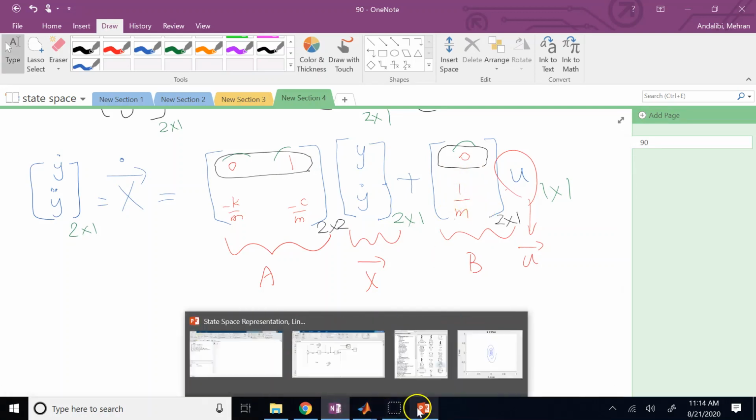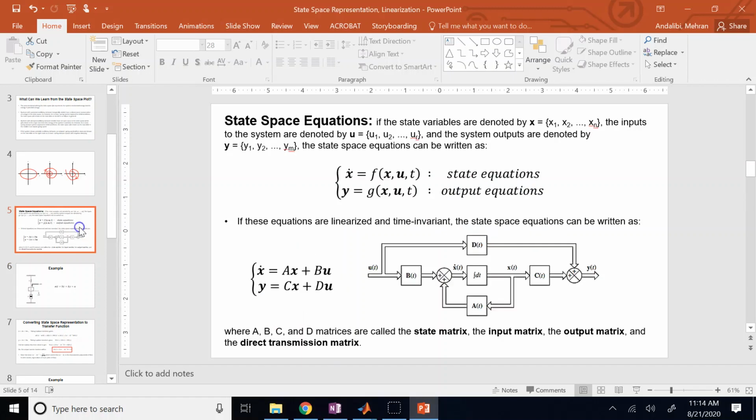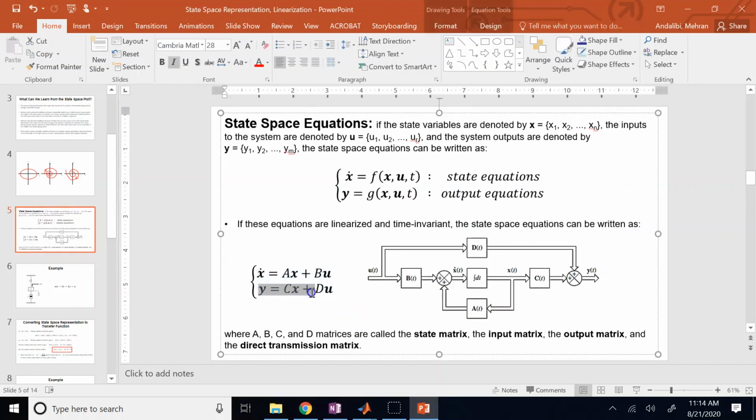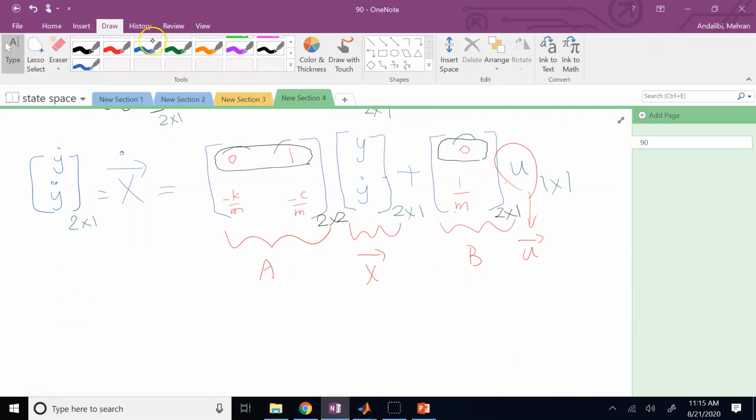Now I go to my second equation. The second equation is the output equation. So I have to write my output as a matrix times the state vector plus another matrix times the input vector, right? So here, my output vector y is simply y itself.